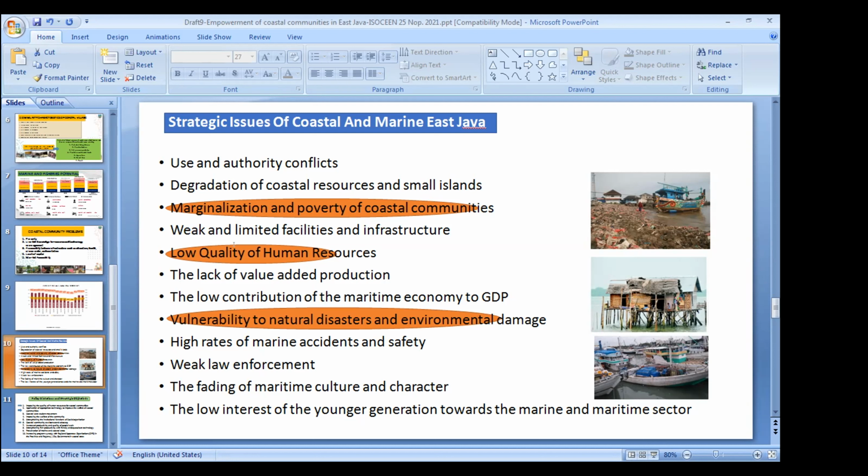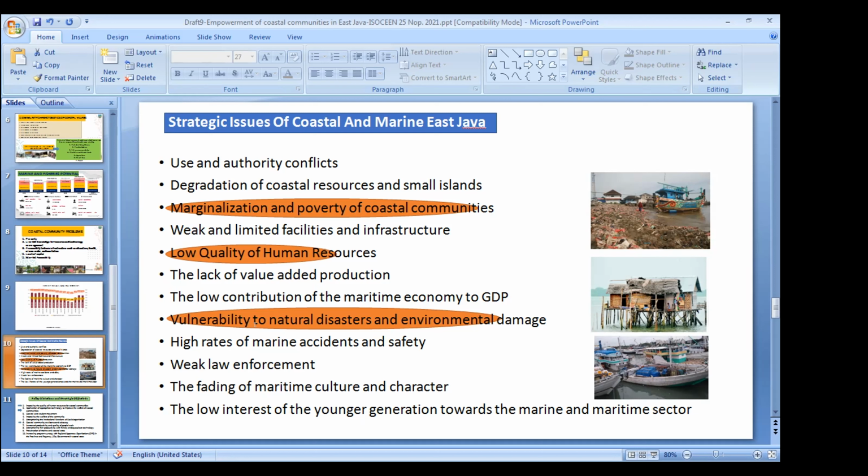Very few people. Then the lack of value-added production in some areas, and the low contribution of the maritime economy to gross domestic product. Of course, when the quality of human resources is low, how can we upgrade the economy and GDP? It's very difficult.